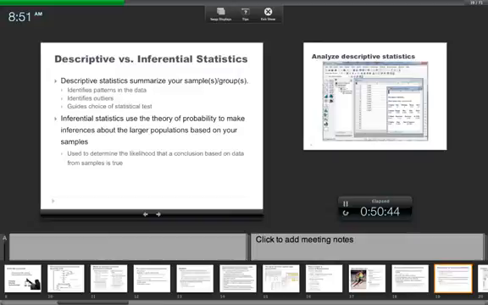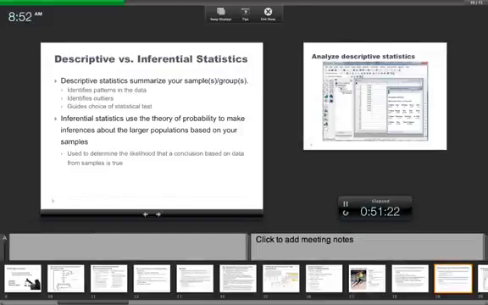So statistics can be broadly separated into two big parts, the so-called descriptive statistics and the inferential statistics. The descriptive statistics basically summarizes your sample and the groups, identifies patterns in data, and identifies the outliers, and it would guide the choice of the statistics that you use in the inferential part of the statistical analysis.